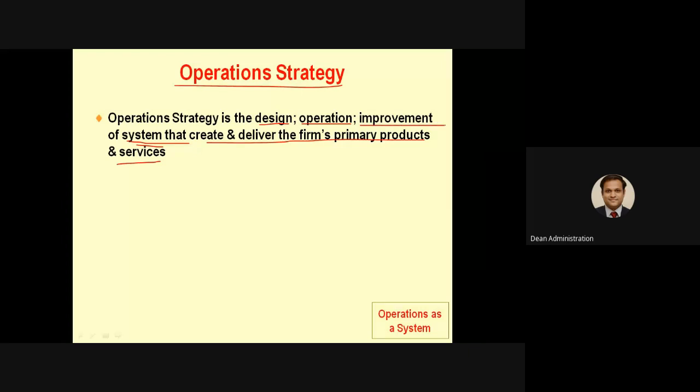Then this entire system will be very robust, by which one can get operational efficiency as per one's requirement. That is related to operations strategy.